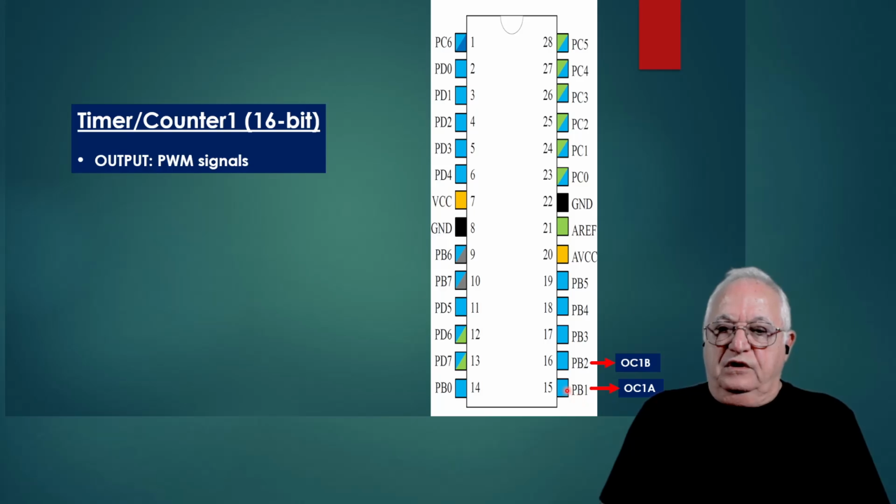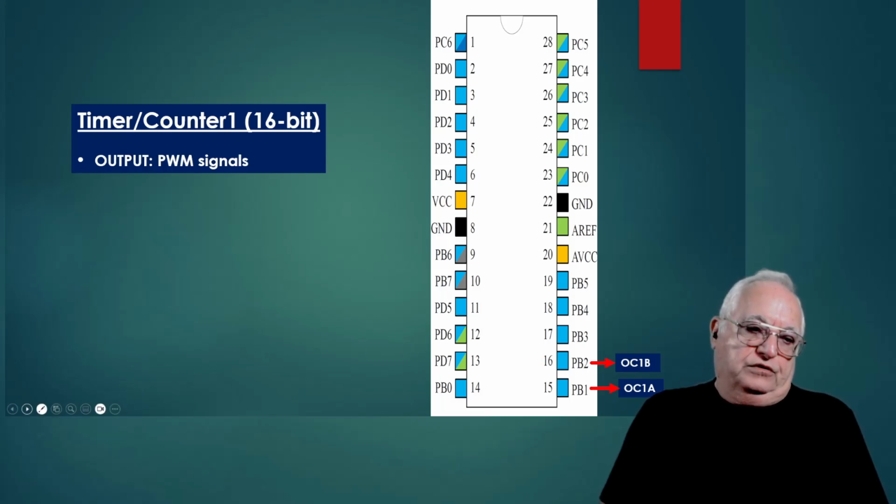We can use port PB1, which is OC1A, and physically it's pin 15, or we can use port PB2, which is known as OC1B, which is physically pin 16. So with this controller we can actually control two servo motors.